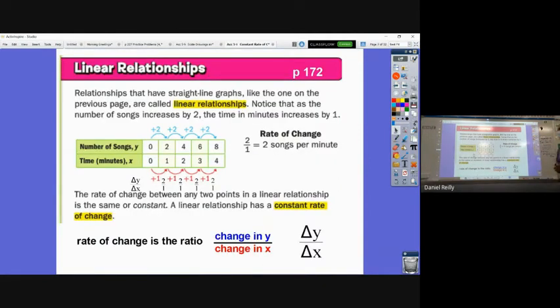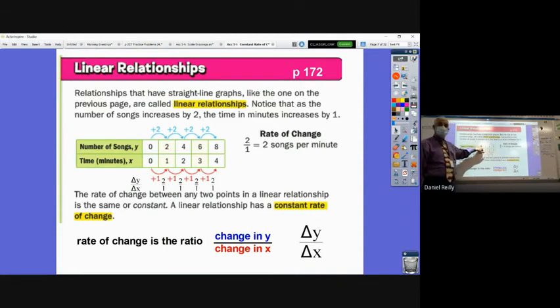All right. So what we're really getting to here is we talked about proportional relationships in this unit already, and every proportional relationship is also a linear relationship. But there are relationships that are linear that are not proportional. We haven't gotten to that yet, but that's where we're getting to. A linear relationship is a relationship between two quantities that has a constant rate of change.